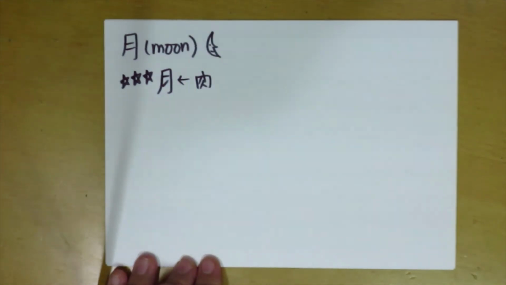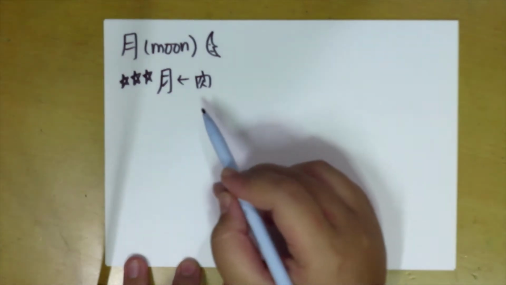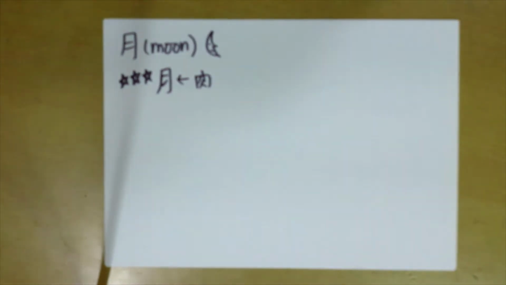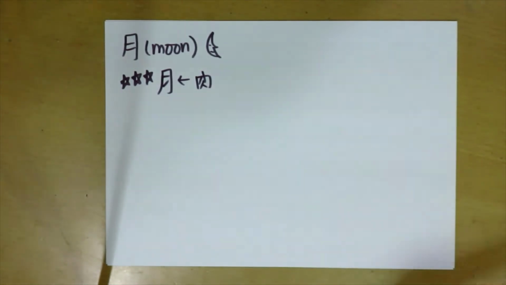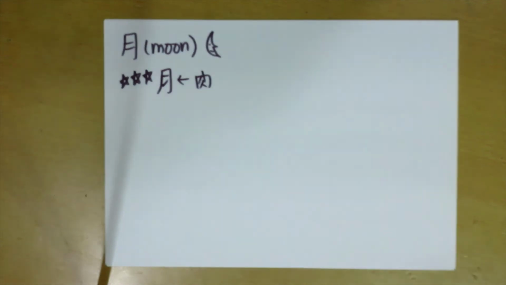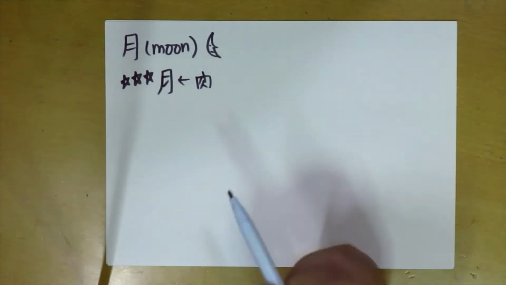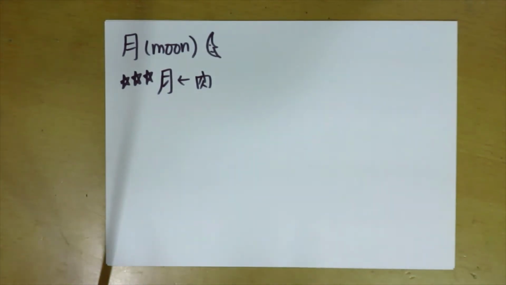Actually, I've mentioned this in the part of this episode where you can see my face. This one is used with body parts and stuff because there is meat on them. But you does not mean meat, it is moon.